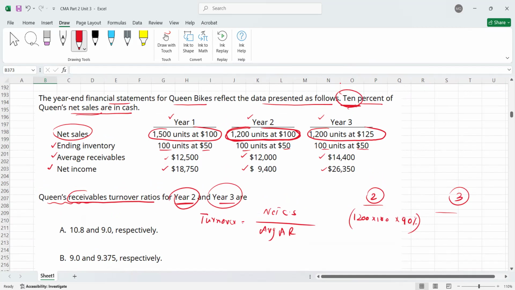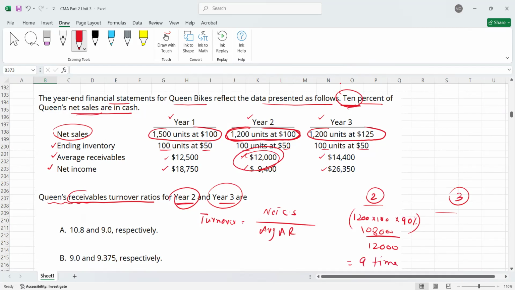If you solve it on your calculator, 1200 times 100 is 120,000, times 90% is 108,000 as the numerator. And the average receivable balance is given for year two, 12,000.